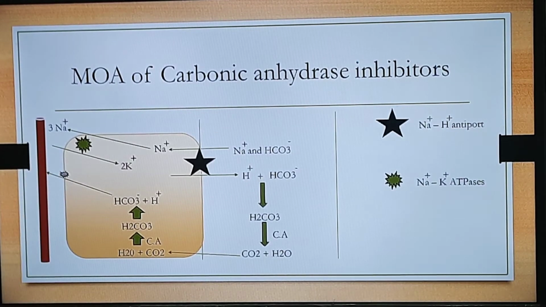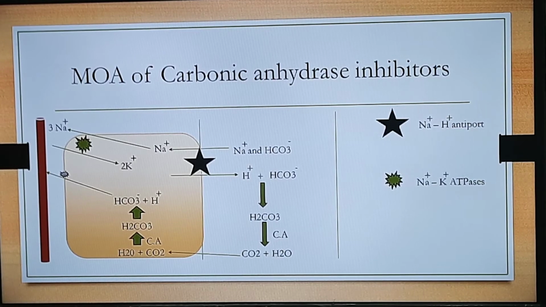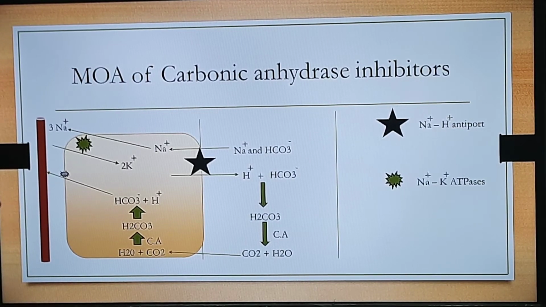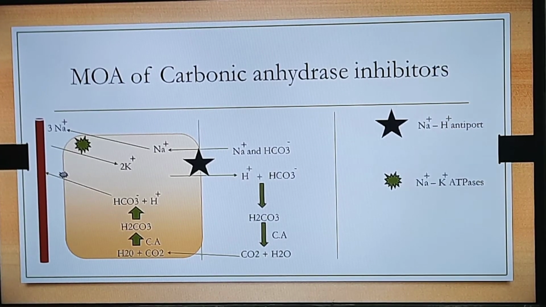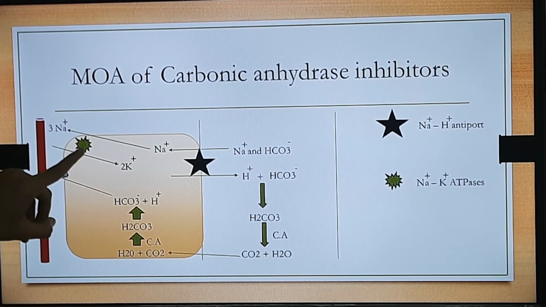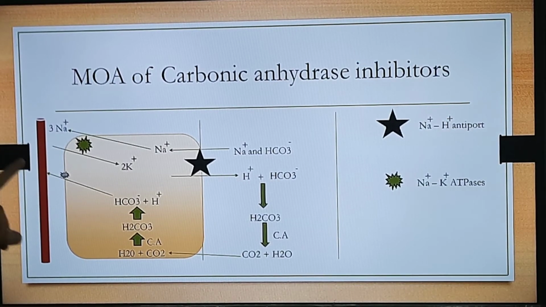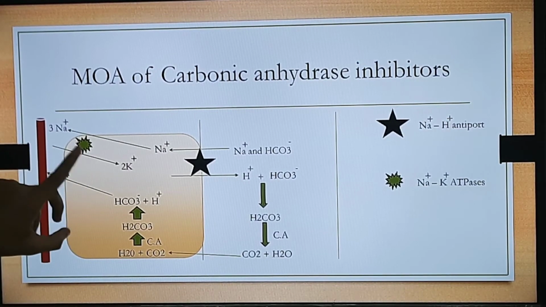So we need some kind of mechanism जहाँ पे constantly we are keeping the concentration of sodium inside the cell low. So यहाँ पे एक important pump काम करता है and the name of that pump is sodium potassium ATPase. Now ये क्या करता है? It is constantly taking 3 sodium out of the cell and in exchange it is putting 2 potassium inside the cell.